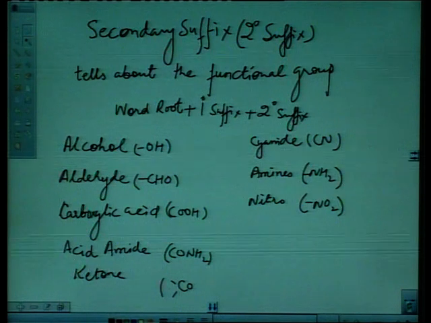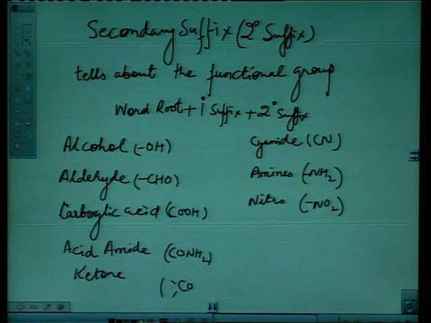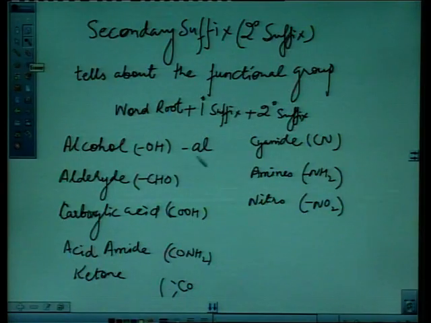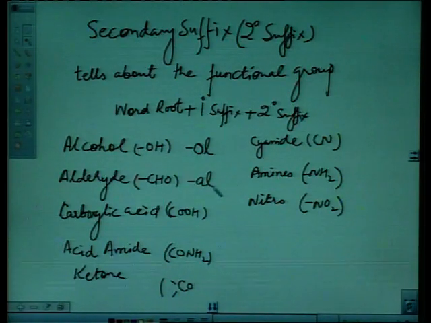So, accordingly the suffix is given for them. For alcohol the secondary suffix is ol, and for aldehyde the secondary suffix is al.